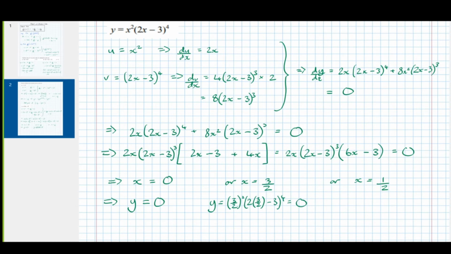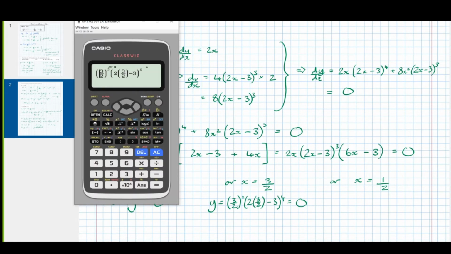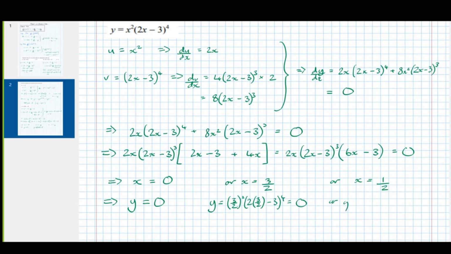And then x equaling 1/2. Well, let's go back and just modify this. Change the 3 over 2 to 1/2, which gives us y equals 4. So let's put the working in full. 1/2 squared, 2 lots of 1/2 minus 3, the power of 4, which we found out indeed was 4.